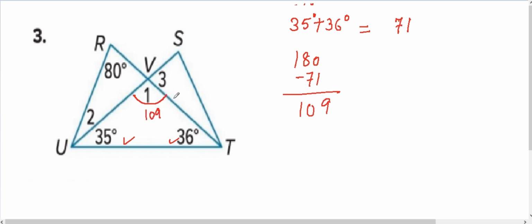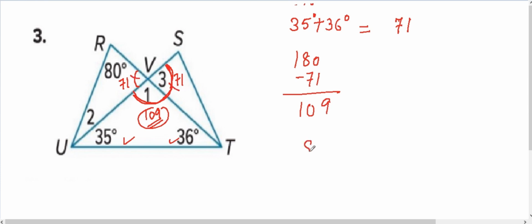Angle 1 is 109, and this is a linear pair. This will be 71. 180 minus 109, because this is a linear pair, a straight angle, or you can say supplementary. So 180 minus 109 is 71. So you got this 71, so this will also be 71 because of vertical angles. This is 71, so this will be 71.